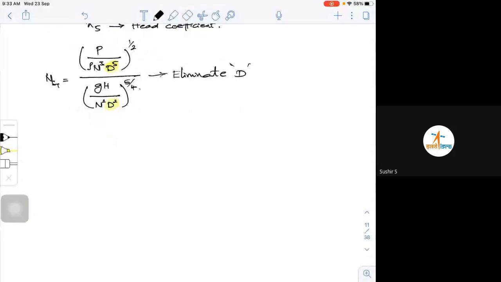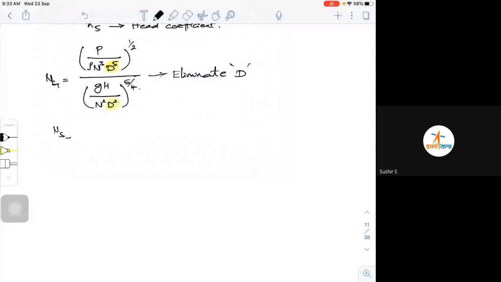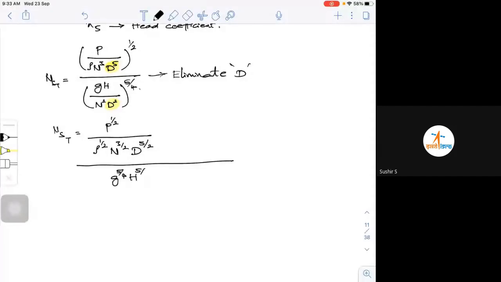Now if I try to simplify this, NST is P to the power of half divided by rho to the power of half, n to the power of 3 by 2, d to the power of 5 by 2, whole thing divided by g to the power of 5 by 4, h to the power of 5 by 4, divided by n to the power of 5 by 4 into 2, that is 10 by 4, d to the power of 10 by 4.